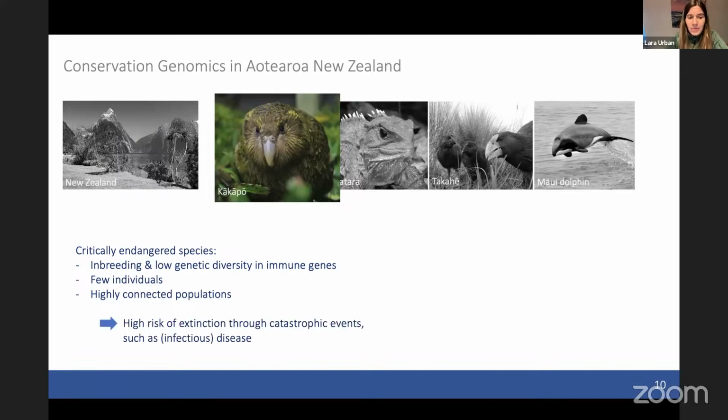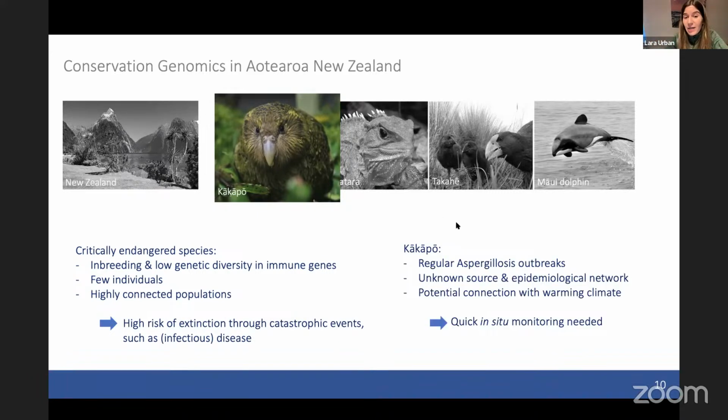All this together means that there is a really high risk of final extinction through any sort of catastrophic event, such as infectious disease. And here you already see this One Health concept coming in, in how the health of the species is also defined by the health of its environment and the presence and evolution of certain pathogens around it.